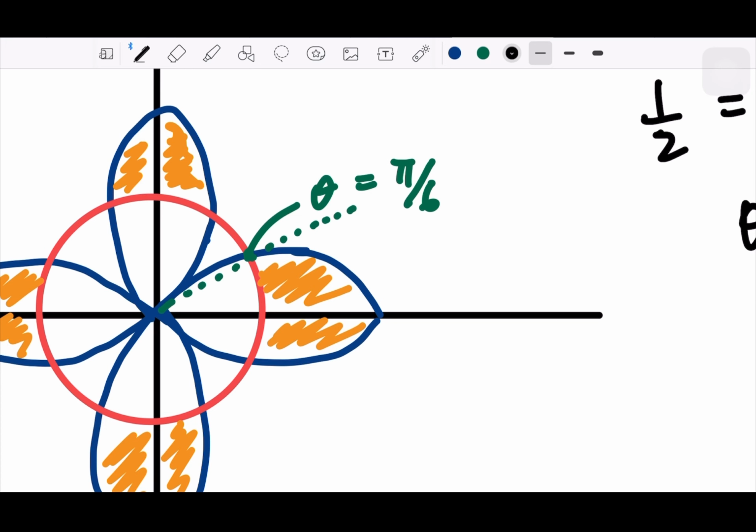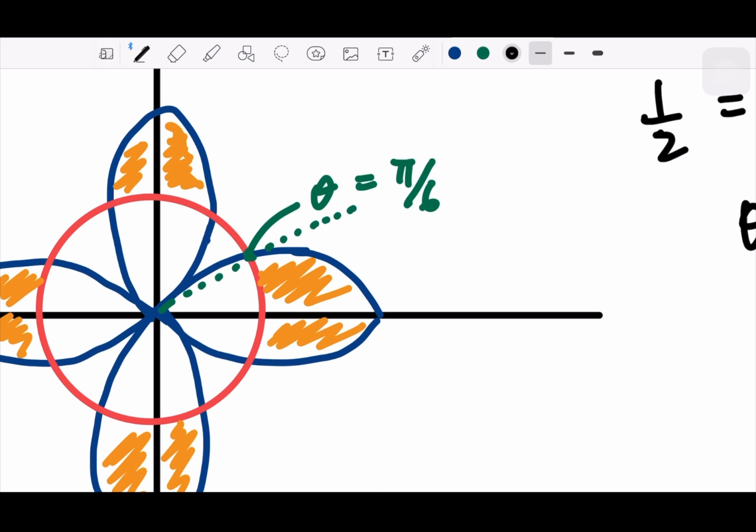So if I put my hand here, this means I start from 0 and then move here, and this will be pi over 6. So that means this is what I want to evaluate. But since this is the rose and this is the circle, this means the integration from 0 to pi over 6 of the rose minus the integration from 0 to pi over 6 of the circle.